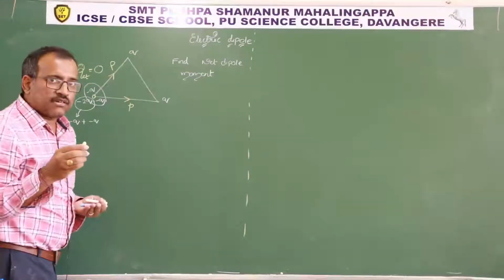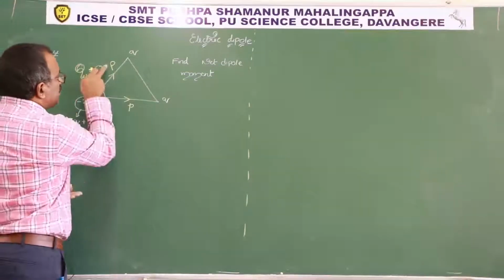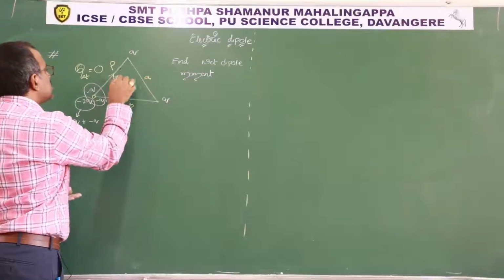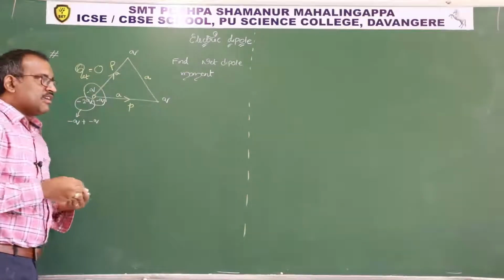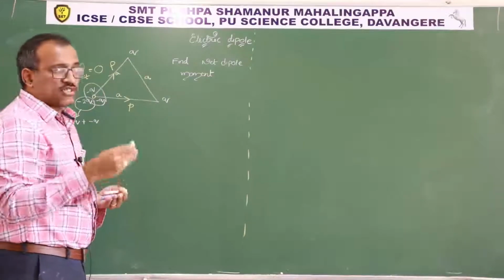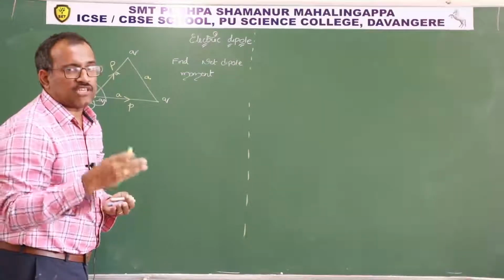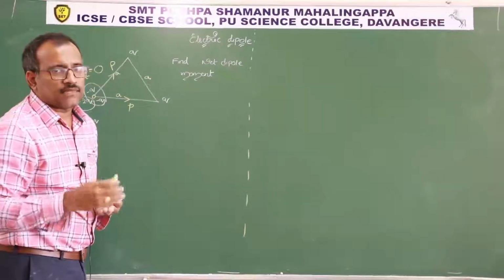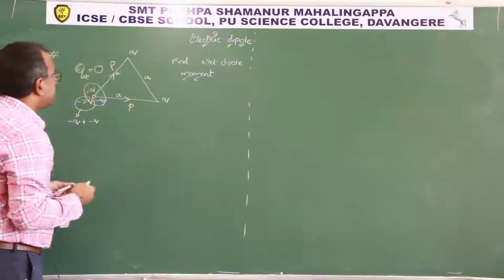Actually speaking, this is P1, this is P2, but all the distances are identical, even charges are identical, so I can guarantee you P1 is equal to P2 is equal to P. Clear? Now see.